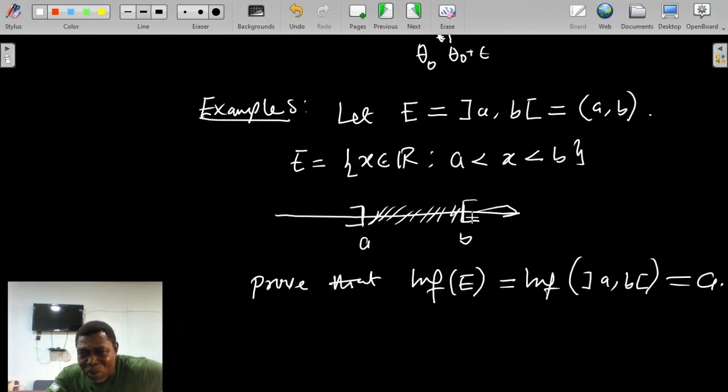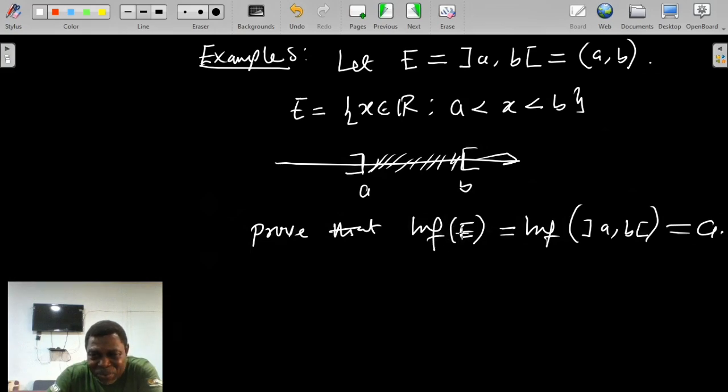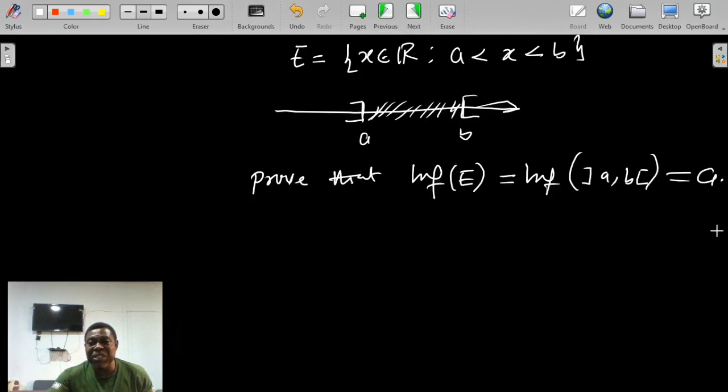But interestingly, the lower bound A is not a member of the set, and the upper bound B is not a member of the set. That is why the definition of being bounded below and above requires that that particular number exists in R, not necessarily in the set. So let us try to see if we can prove that the infimum of E is equal to A.